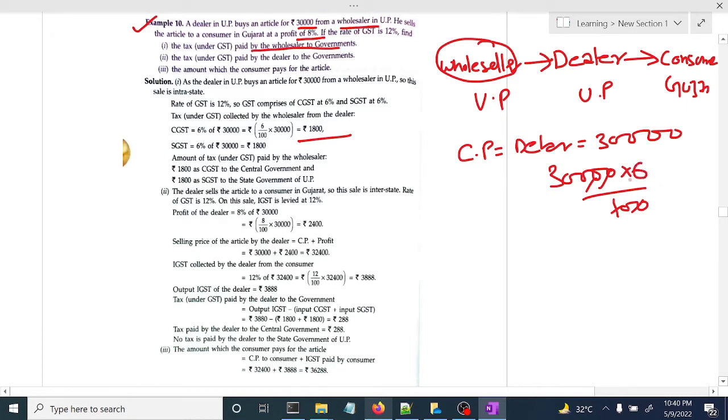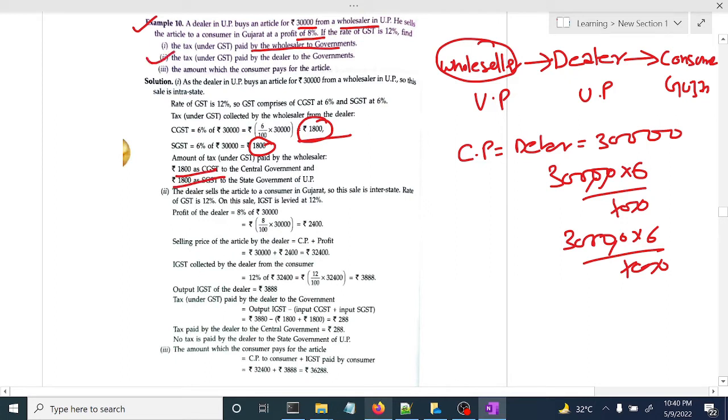Here they have calculated CGST and SGST independently, and we'll do the same thing. So he will pay 1800 rupees as CGST and 1800 as SGST.